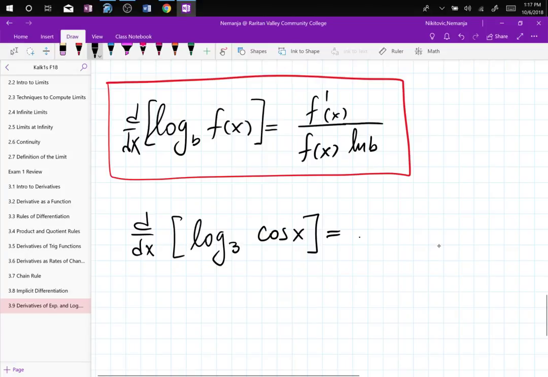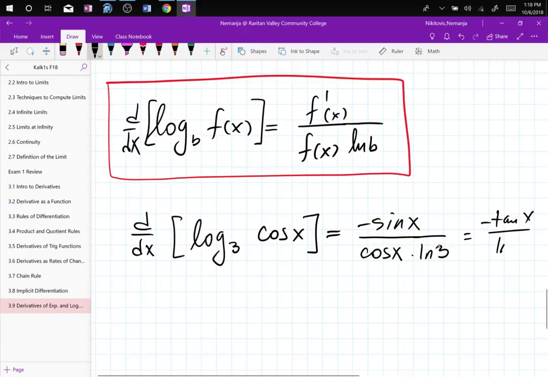So we copy cosine x, we put its derivative negative sine x, and then in the denominator times ln of 3, which is negative tangent x divided by ln 3. Very simple.